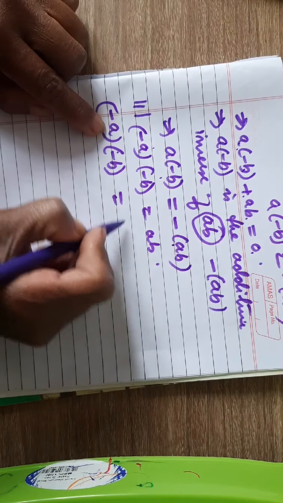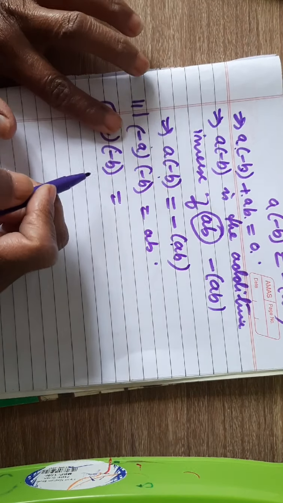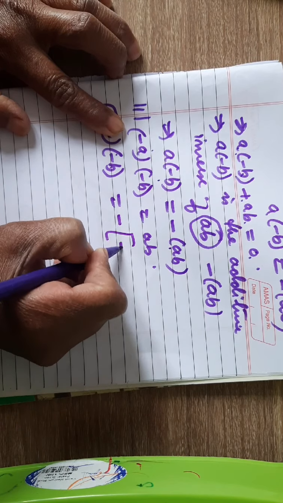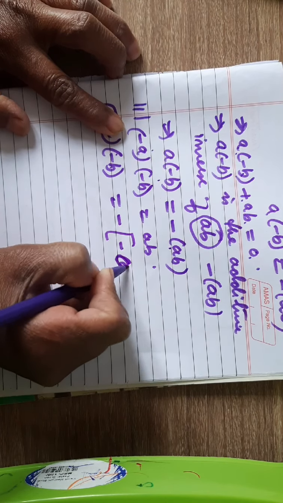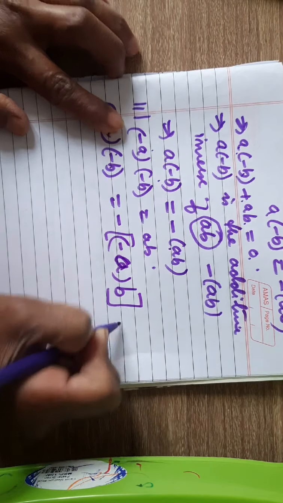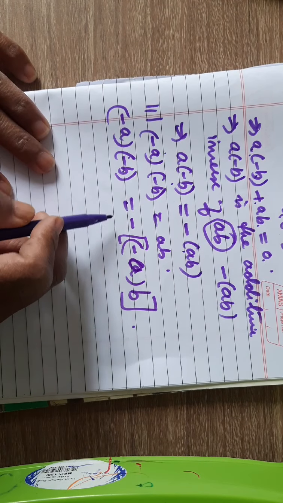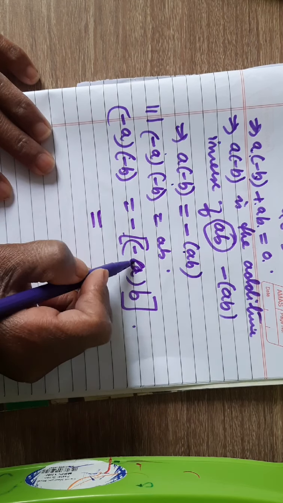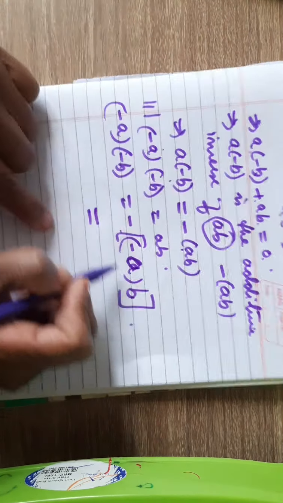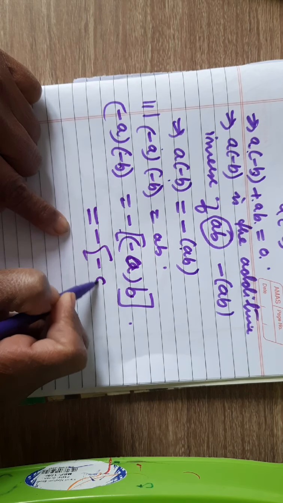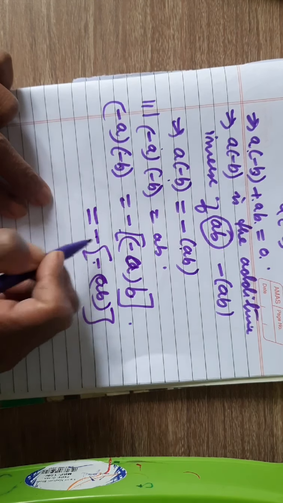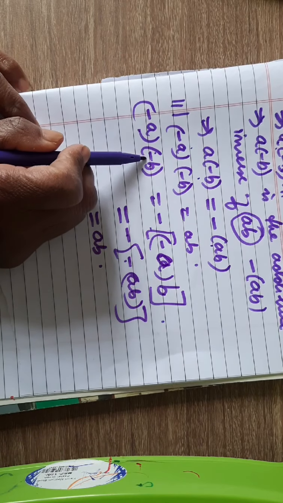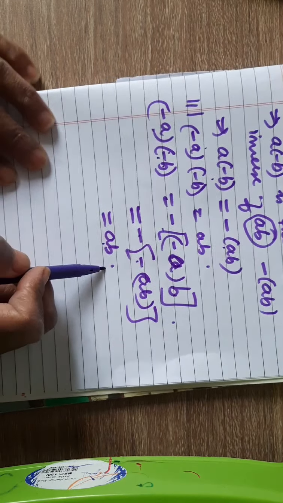So take −a as a, then it will become −((−a) · b). And again for (−a) · b, by the second property it will be −(−(ab)). Now minus into minus becomes plus, so it will become ab. So we have that (−a) · (−b) is equal to ab.